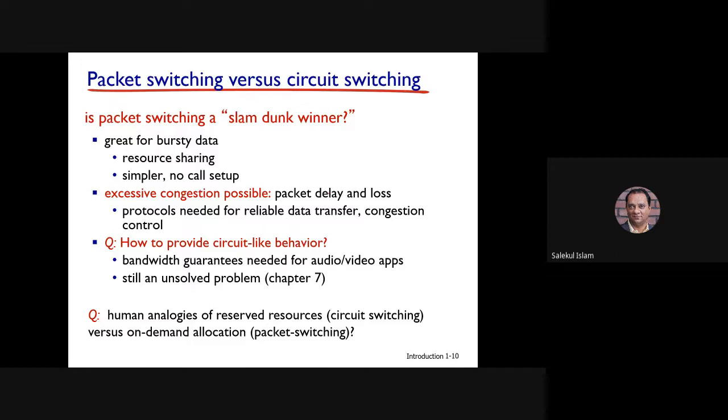So that means you have to add those functionalities on top of packet switching. প্যাকেট সুইচিং এর বাইরে তোমাকে আরো ফাংশনালিটি অ্যাড করতে হবে, আরো প্রোটোকল অ্যাড করতে হবে, যারা তোমাকে রিলায়েবল ডেটা ট্রান্সফার প্রোভাইড করবে। Reliable means there is no loss. Delay is fine, but reliable means there is no loss. And you need a protocol to control the congestion.